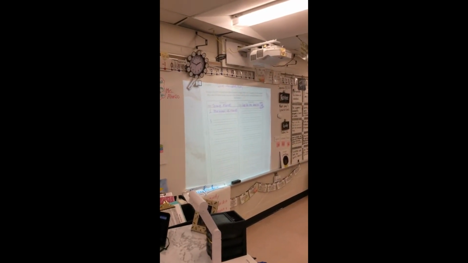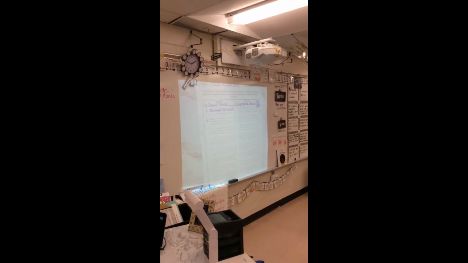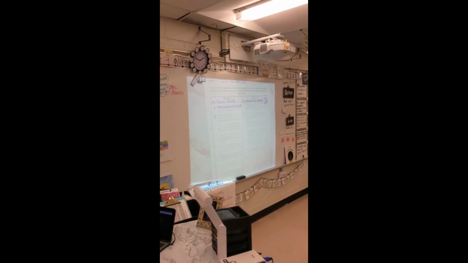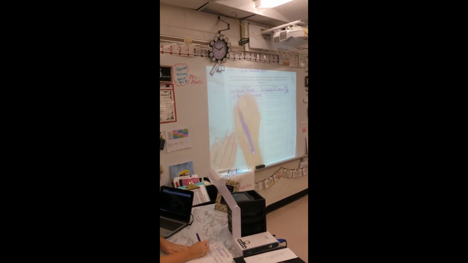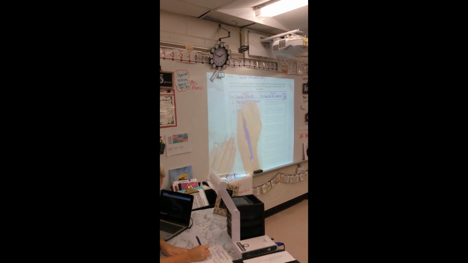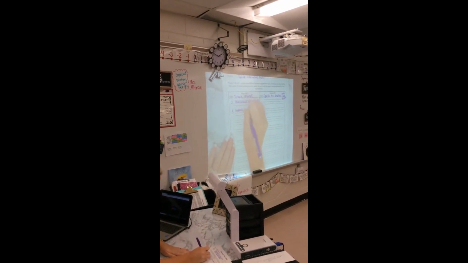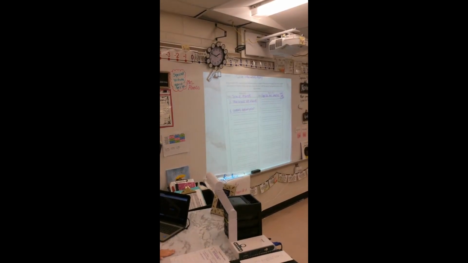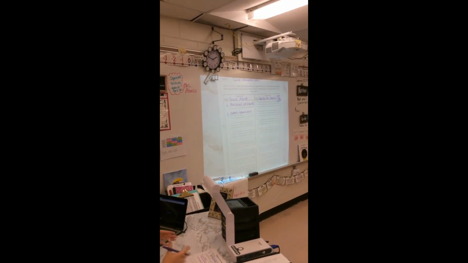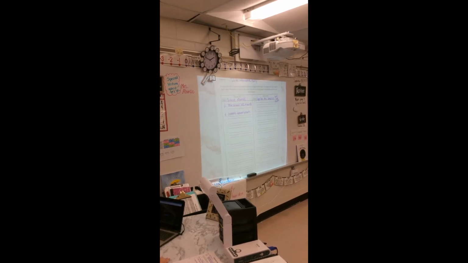We always want to keep track of what paragraph it's coming from because then it's easier to go back and find it, okay? So we're going to say cheetahs, and then we're just going to say lookout point. We don't need to write the whole sentence. That's a waste of time, but we just need to give ourselves an idea of what it's about.